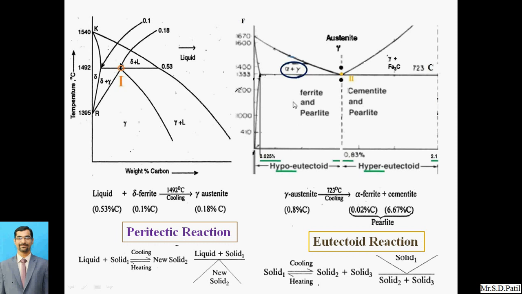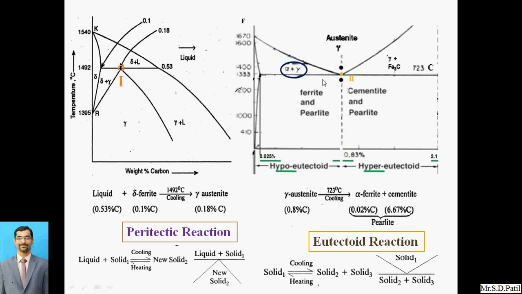Eutectoid reaction in the sense, here we can see this will be a portion that is hypoeutectoid and hypereutectoid. So where we have to refer to this, at the Fahrenheit, this will be the degree Celsius temperatures.